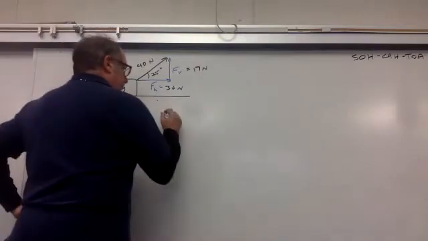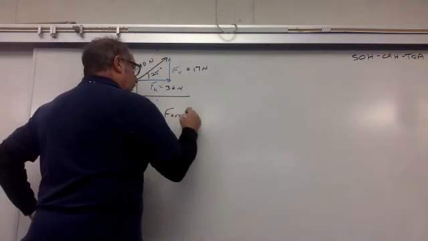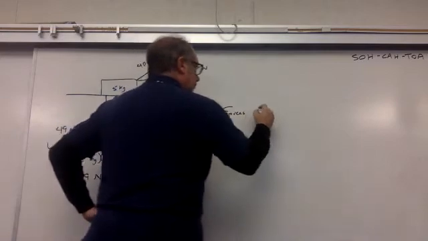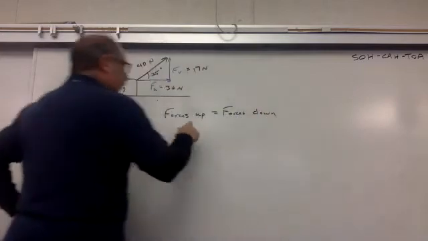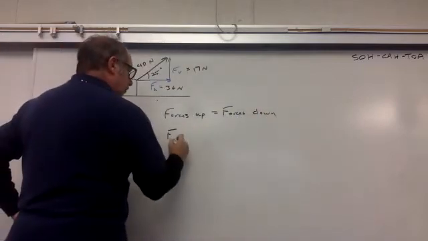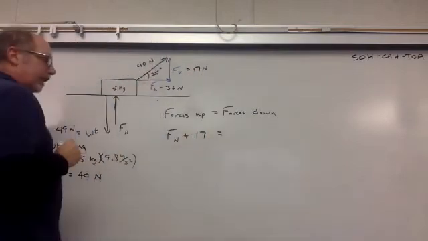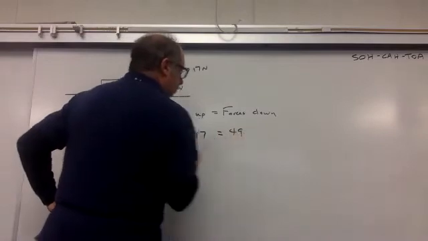Let's write it like this. Forces up equal forces down. The forces up are the normal force plus 17. The forces down are the 49 newtons of weight.